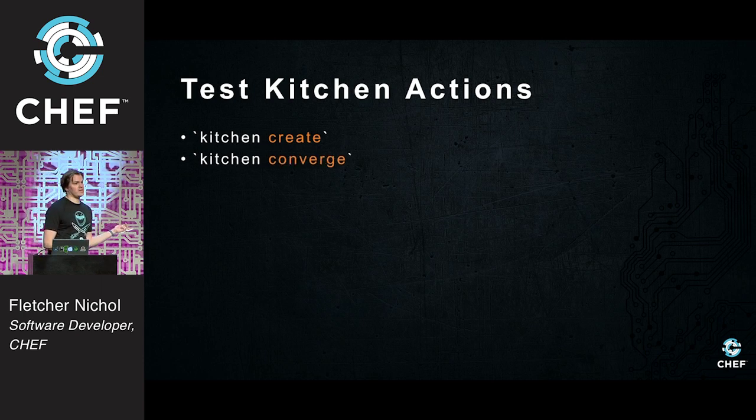Kitchen converge, you could think of this, we're at ChefConf, as the entirety of what you need Chef to do. That's everything from installing Chef or a particular version, to calculating cookbook dependencies, uploading files, doing a chef-solo or chef-client run, managing your solo.rb or client.rb, all that stuff. That's converge.